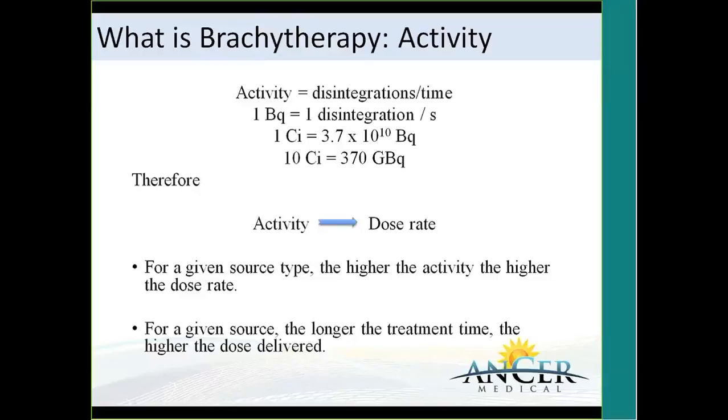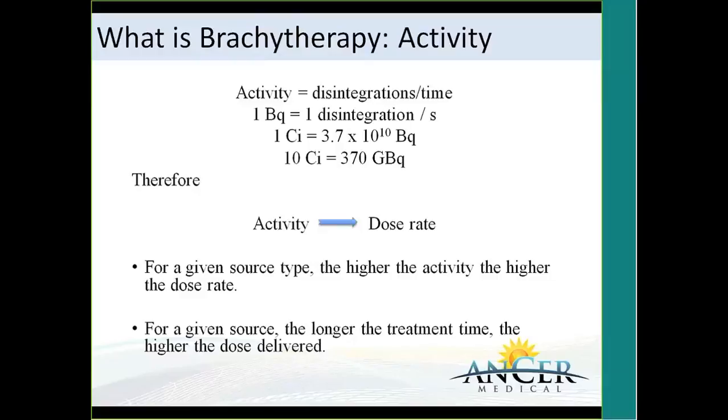Typically when an HDR source is installed in the afterloader, it is 10 curies, which is equivalent to 370 gigabecquerels. So just to give you an idea of numbers and quantities. Activity, because it is disintegrations per unit time, is directly related to dose rate.